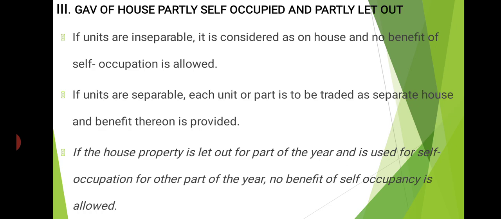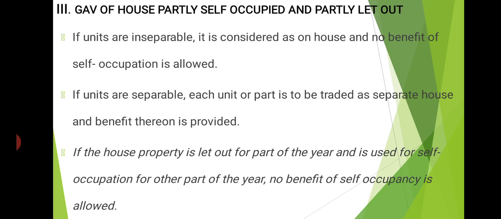The next, third case, that is gross annual value of the house property self-occupied and partly let out. That is, a house is partly let out and partly self-occupied. In such a situation, if units are inseparable, two things you have to remember here. If the units are inseparable, it is considered as one house and no benefit of self-occupied is allowed.